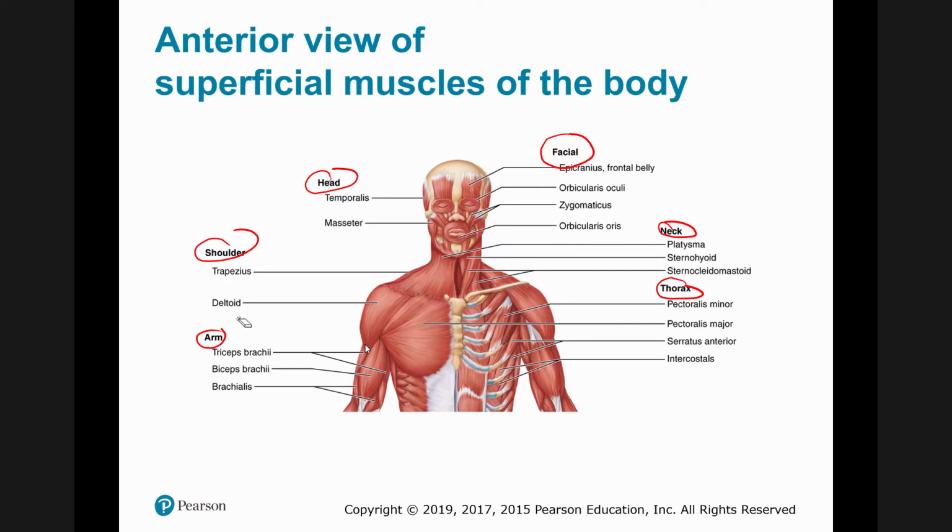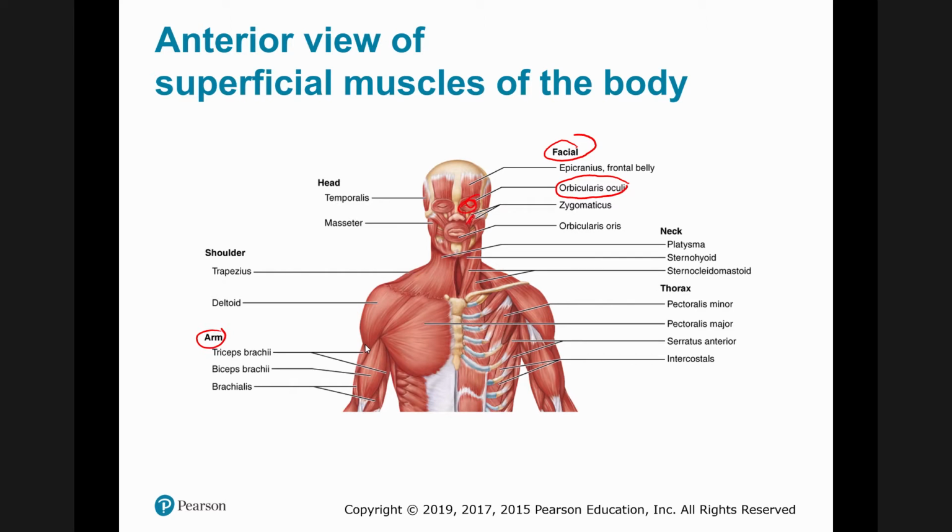Facial muscles, let's talk about facial and head muscles. Okay. Facial muscles, the front muscles are known as epicranius or frontal belly. That basically helps in moving your forehead. Orbicularis oculi, muscles present around your eye. It's moving.